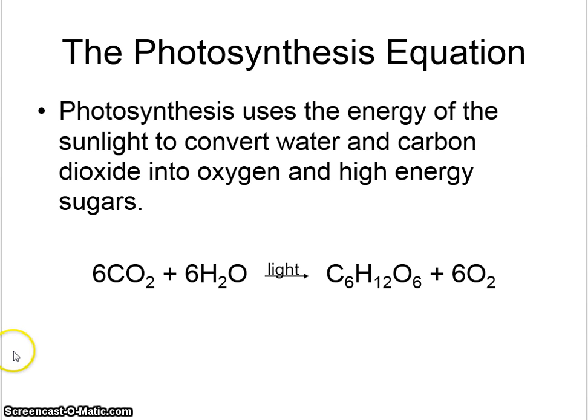And it is in a nice formula like this. So you've got the carbon dioxide plus the water, and that's 6 CO2 plus 6 H2O and light, and that will yield sugar, C6H12O6, plus oxygen, 6 O2. So this is a very easy formula if you sit down and think about a plant.